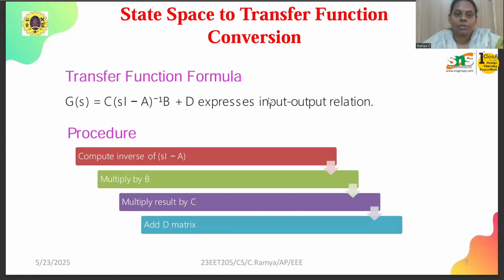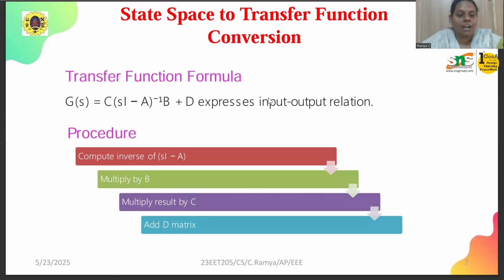And now we are going to see state space to transfer function conversion. Let's link this state space to something more familiar, which we name a transfer function. The conversion formula is G of s equal to C into (sI minus A) the whole inverse, multiplied with B, plus D. This gives the system input-output relation in the Laplace domain.